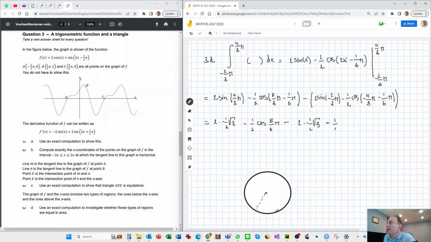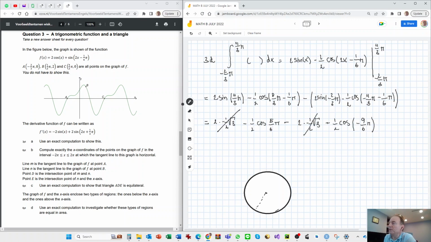It's 1/2 the cosine of, same denominator, minus 8, so minus 9/6 pi. So let's put this here. Here you get a negative square root of 3, and here positive. So these two drop.